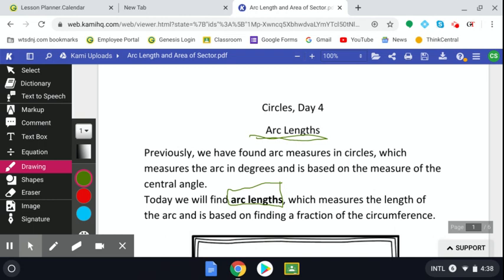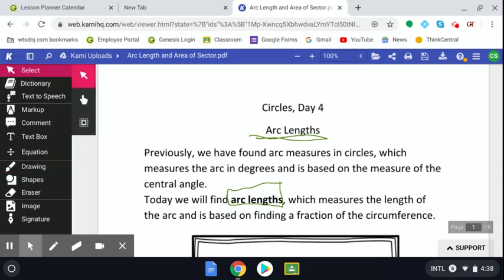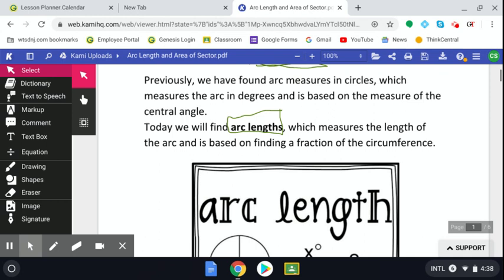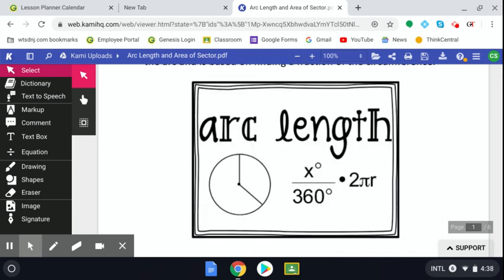So if we're going to measure the length of the arc, we are going to have to find a fraction of the circumference, because remember, circumference is how far we go if we go around the circle. So now what happens if we just take a portion of the circle?